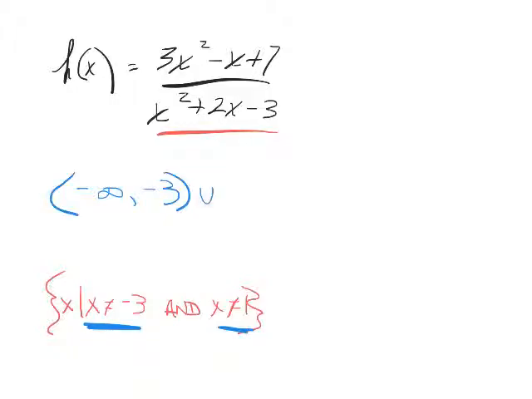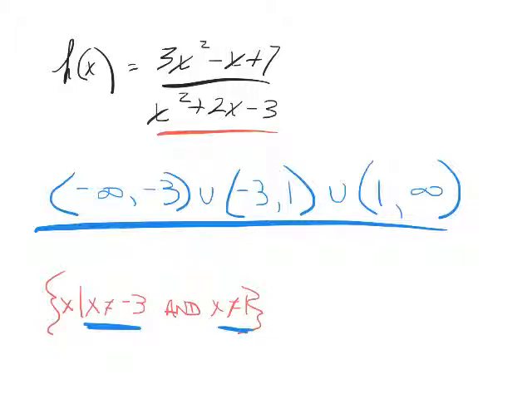It can also go from negative 3 to 1, but not include either one of those numbers. And then it goes from 1, but can't include 1, to infinity. So this whole thing would be interval notation, and then this would be set builder notation for the same one.